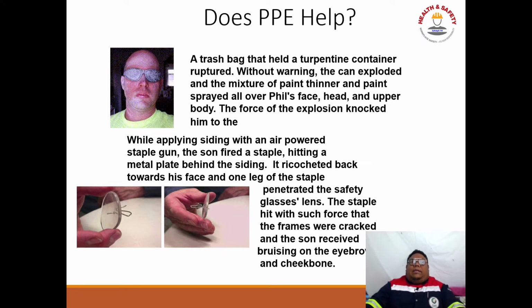One leg of the staple hit the safety glasses lens, and the force cracked the frame and brushed the eyebrow and cheekbone. You will see this as it was hit by a pneumatic air powered staple gun. Okay, that's the cause, guys, and the result.